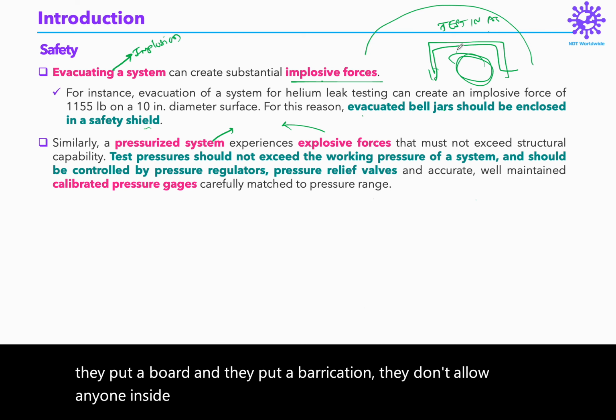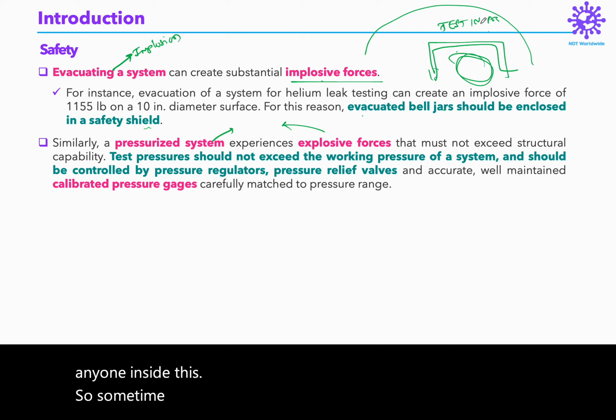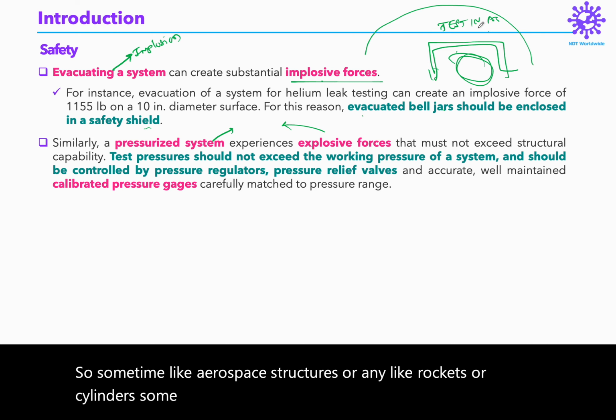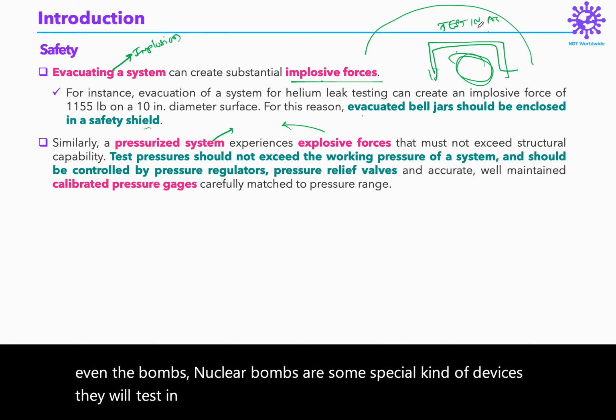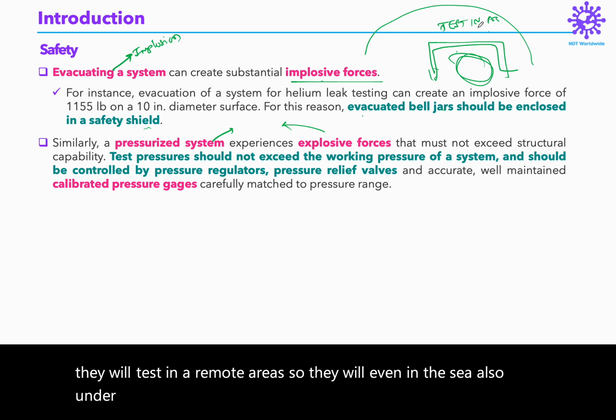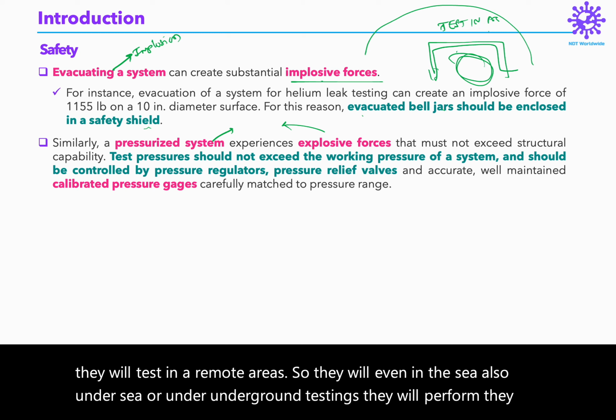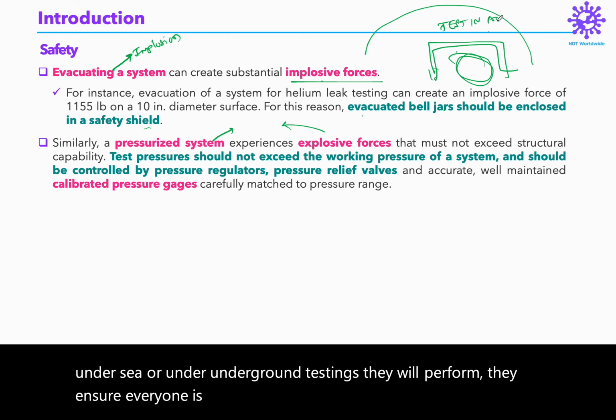Sometimes aerospace structures, rockets, cylinders, or some special items are tested in remote locations. Even bombs, nuclear bombs, or some special kinds of devices are tested in remote areas, even in the sea, under the sea, or underground. They ensure everyone is kept away from the testing area.